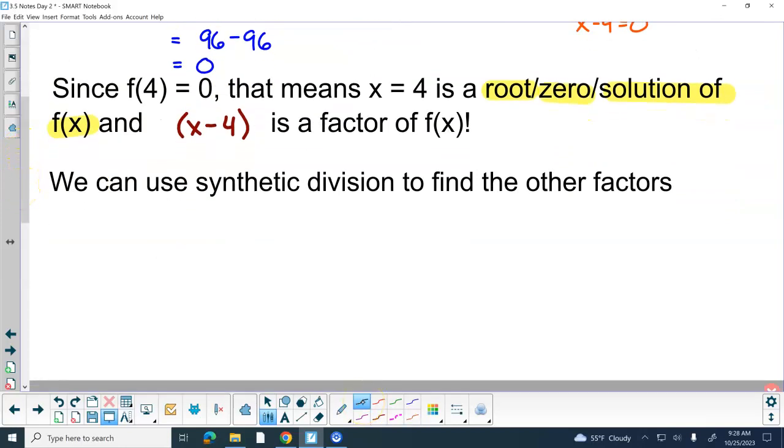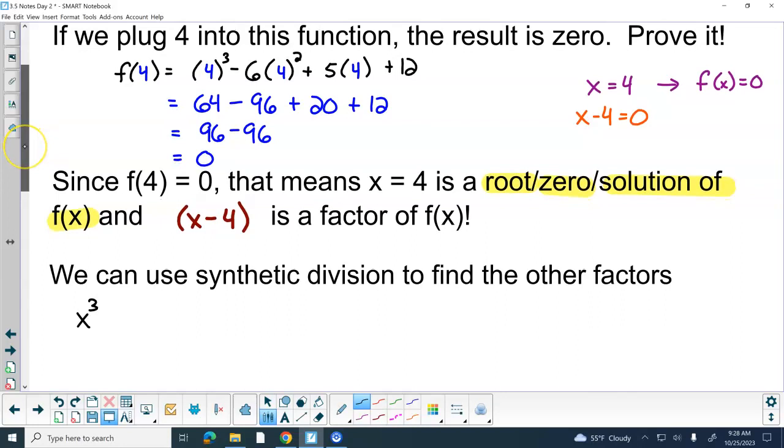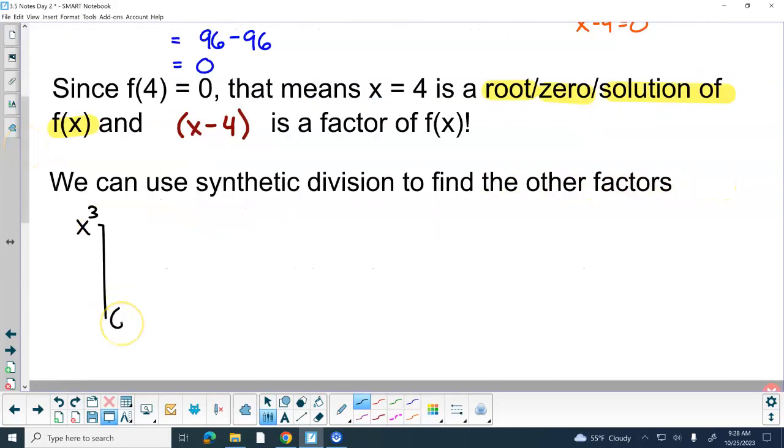We're going to say, what was it again? x cubed minus 6x squared plus 5x plus 12. And we want to divide that by x minus 4.